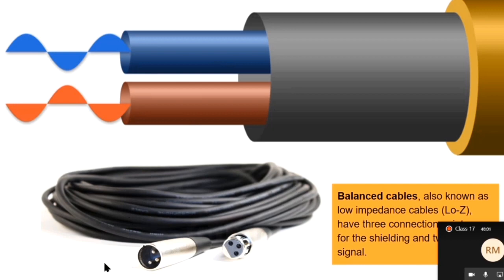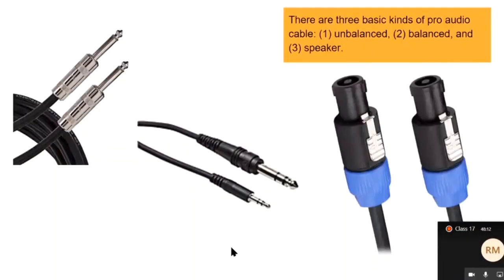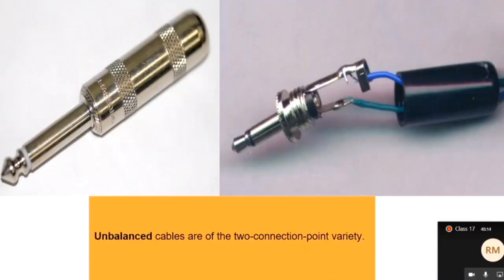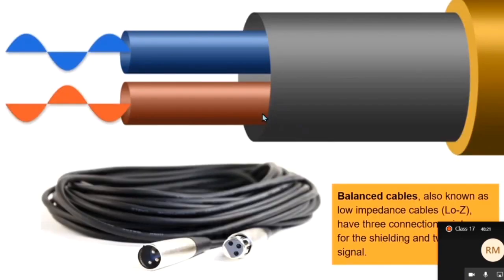Notice it has three connection points, 1, 2, 3, to be contrasted with the two connection points on offer in the unbalanced cable. Okay, so what's that extra wire for? That's weird. That means that instead of just one signal and ground, notice that in this diagram here, this gray barrel, that's the shielding, right? That's the mesh. That's the protective layer.